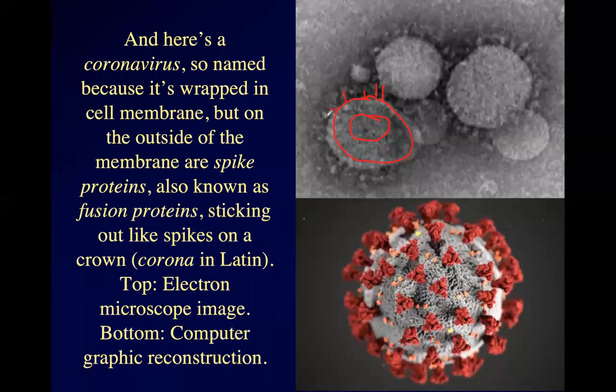Those are the spike proteins, also called fusion proteins, and they stick out like the spikes on a crown. This is why it's called a coronavirus. Corona is Latin for crown. And these viruses really do look exactly like crowns if you're on drugs. So that's an electron microscope image at the top, and there's a computer graphic reconstruction down there at the bottom.